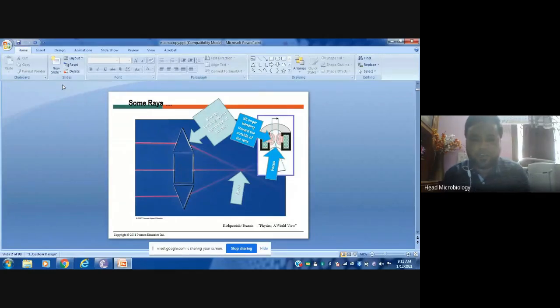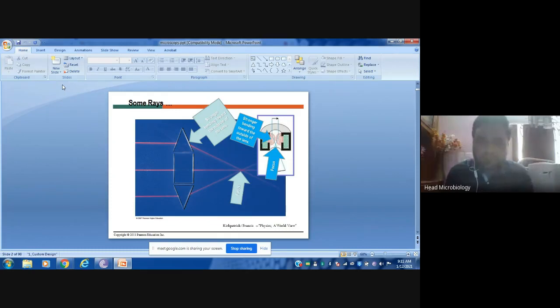If it is a dome kind of thing, coming outward, that is convex. If it is going inward, it is concave. So this is a convex lens.